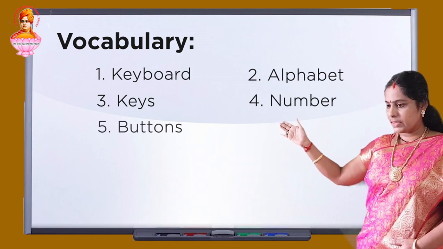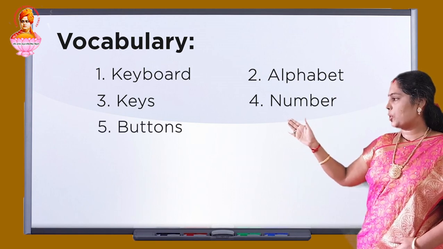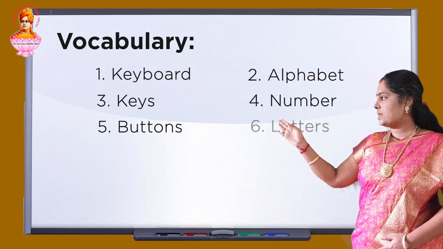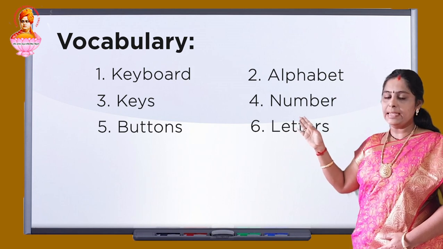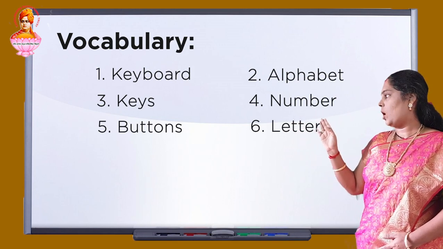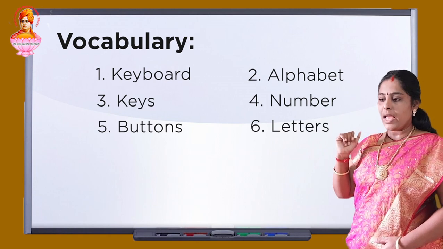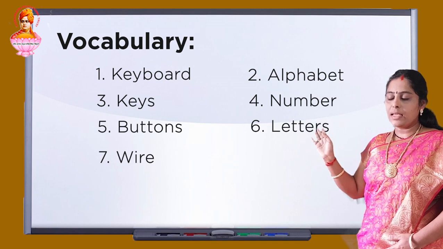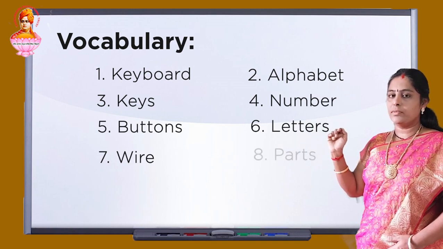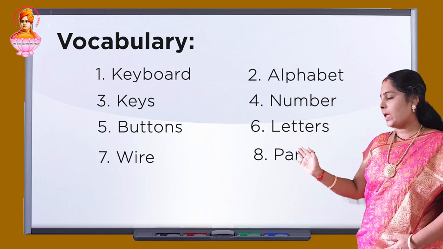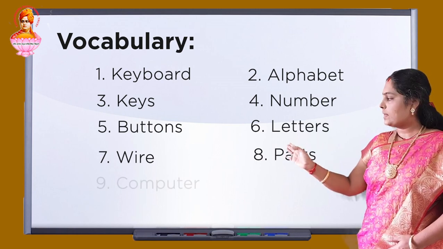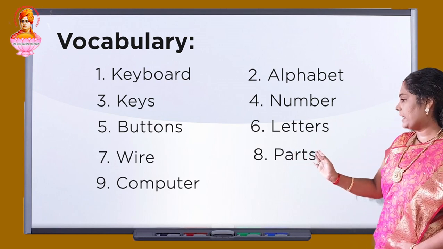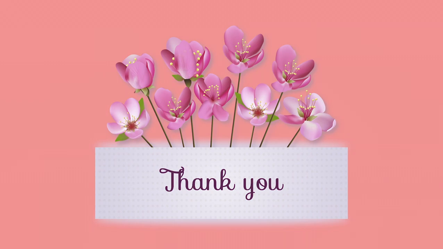And the fifth word is button. Buttons. Sixth word is letters. Letters. And the seventh word is wire. Wire. And the eighth word is parts. Parts. The ninth word is computer. Computer. Okay kids, thank you.